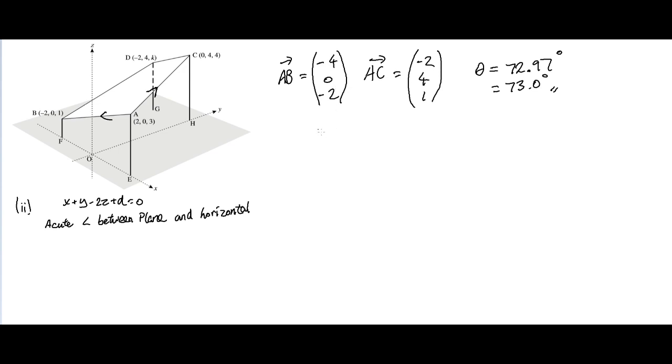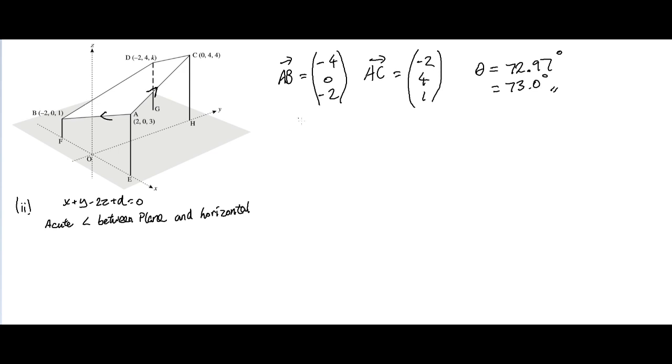So the dot product of the AB vector with the plane normal vector will be arc cos 0 rather, because it's cos of 90 degrees.